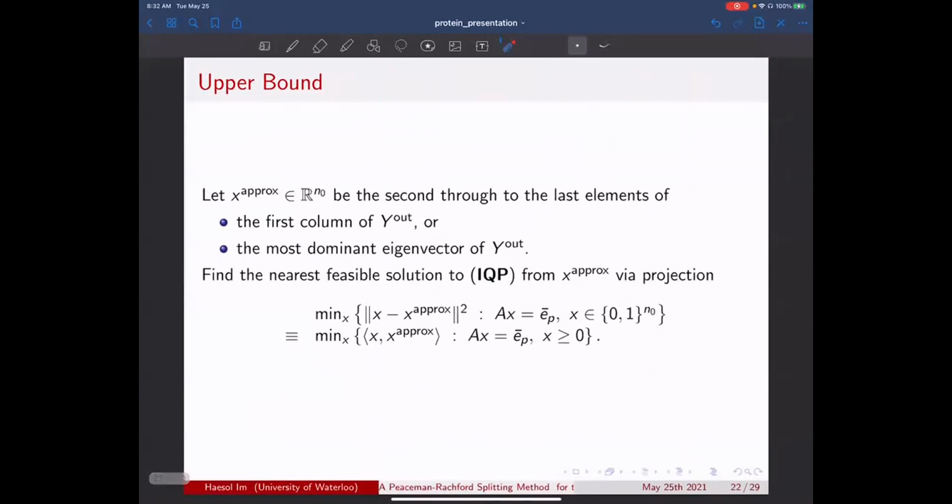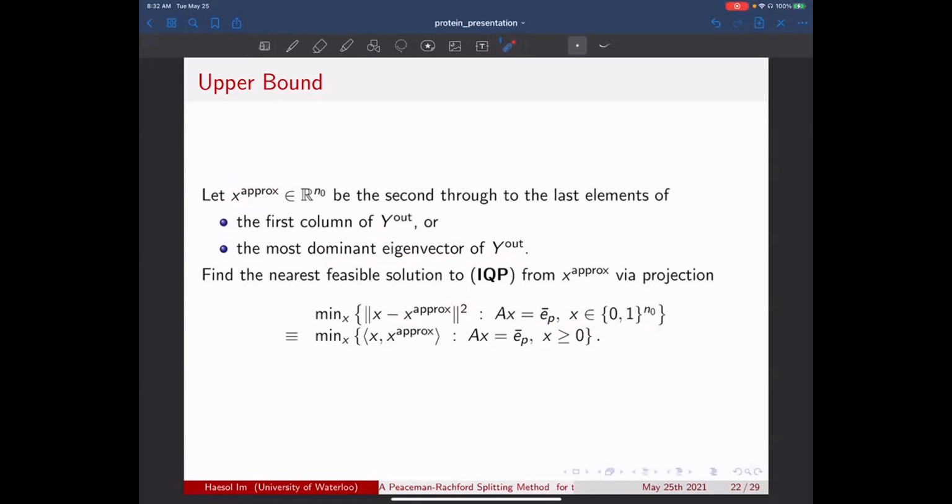For the upper bound, we're using a projection strategy. Let x-approx be the second through the last elements of the first column of the Y iterate, or the most dominant eigenvector of the Y iterate. Then we project this x-approx to the feasible region of the binary quadratic problem that we started with. This quadratic objective is just describing the projection.